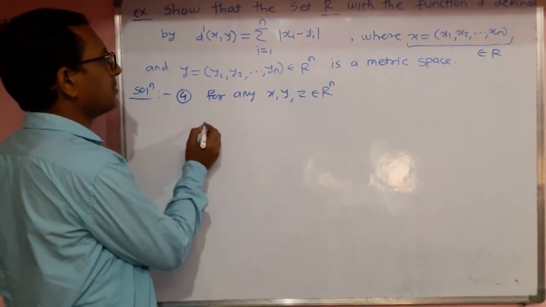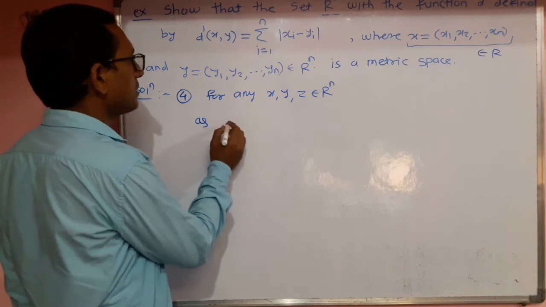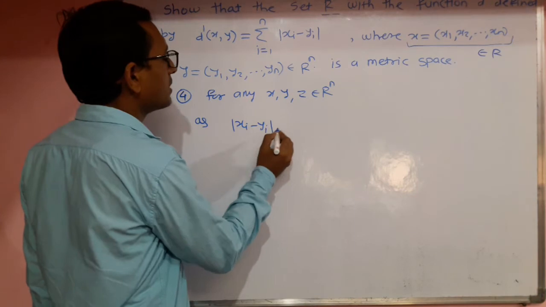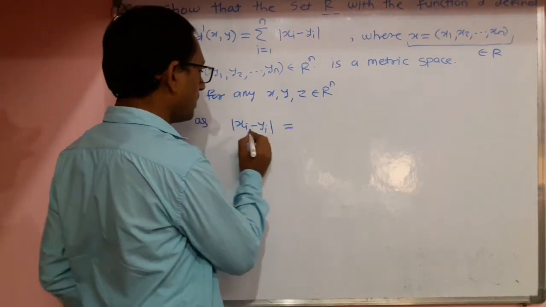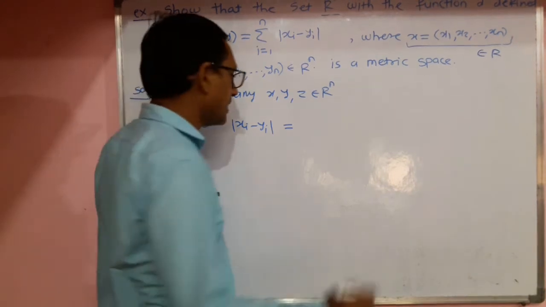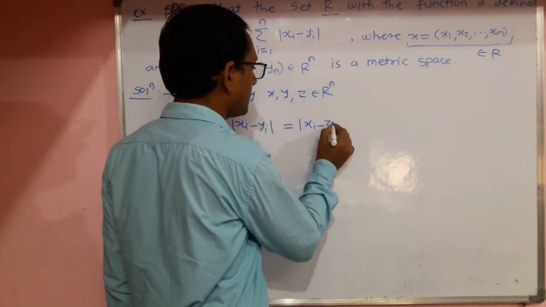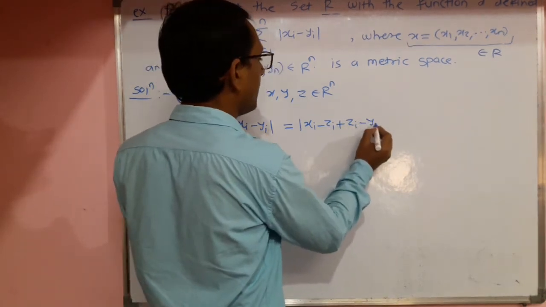Here we consider the difference mod of xi minus yi, and in this difference we add and subtract zi. So mod of xi minus zi plus zi minus yi as it is.